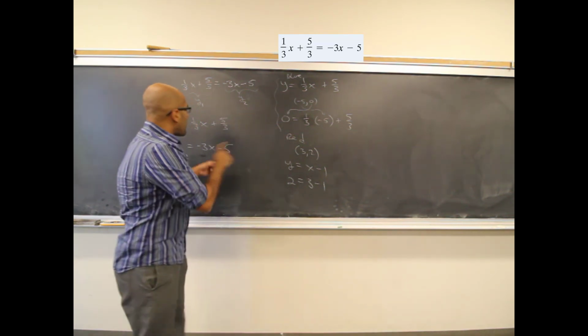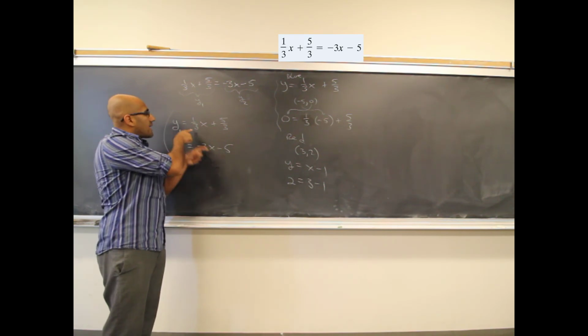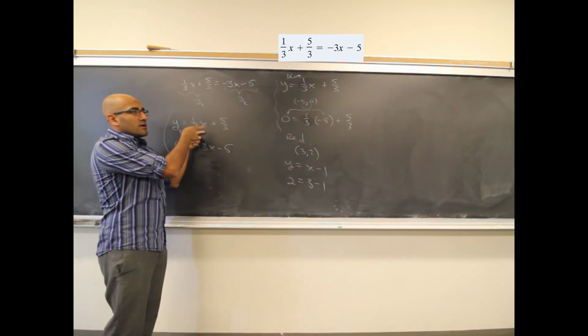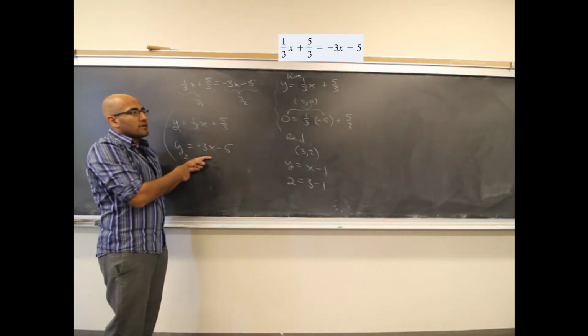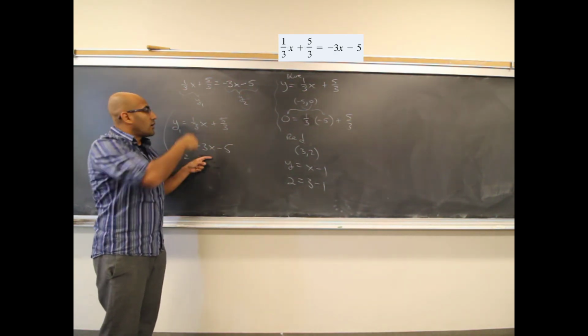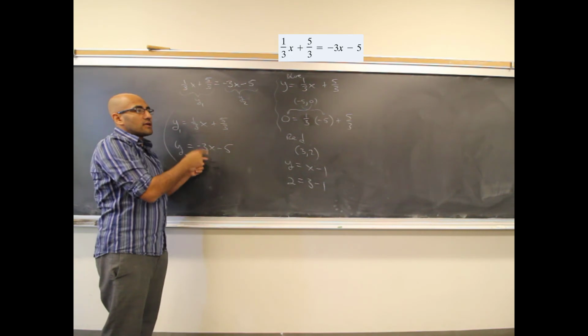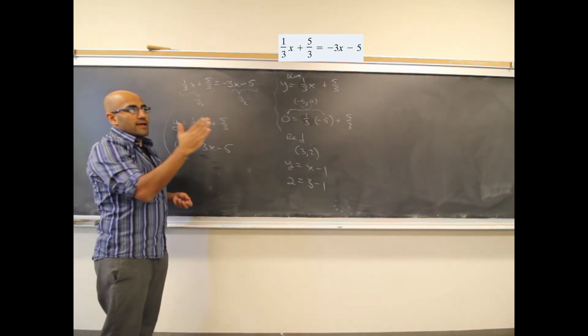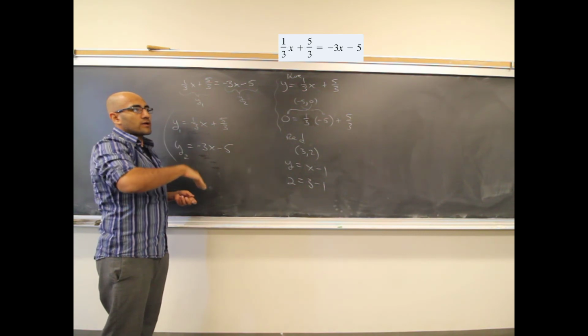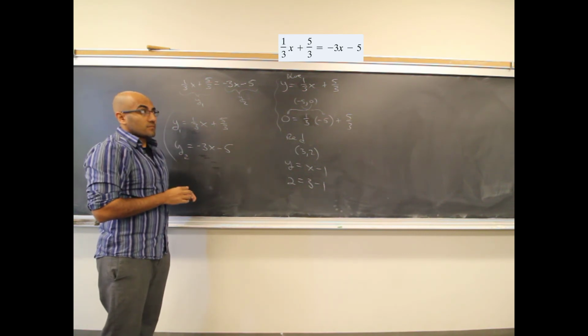Okay, so going back to this, I can tell that this one was the blue line and this one is the green line. So one point that's on both of them, the solution to the system, happens to be the point -2, comma 1, right?